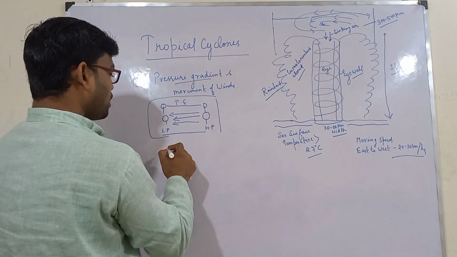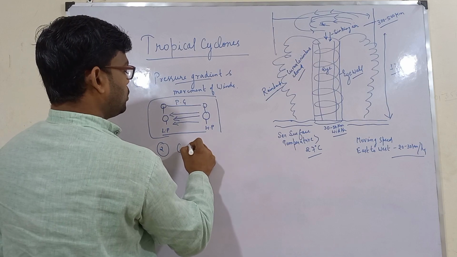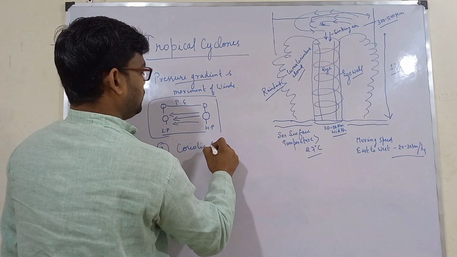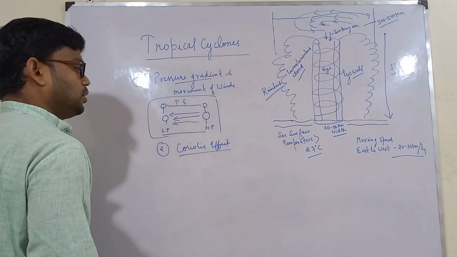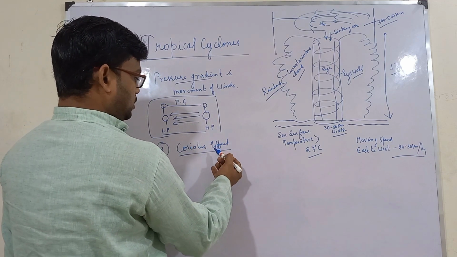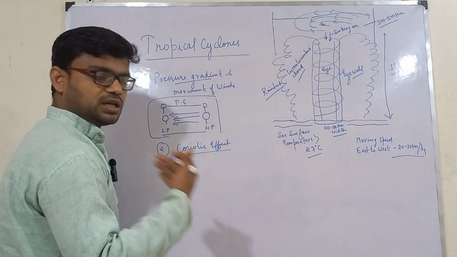Our second point is Coriolis effect. Now what is this Coriolis effect? This effect is mainly due to the rotation of the earth.